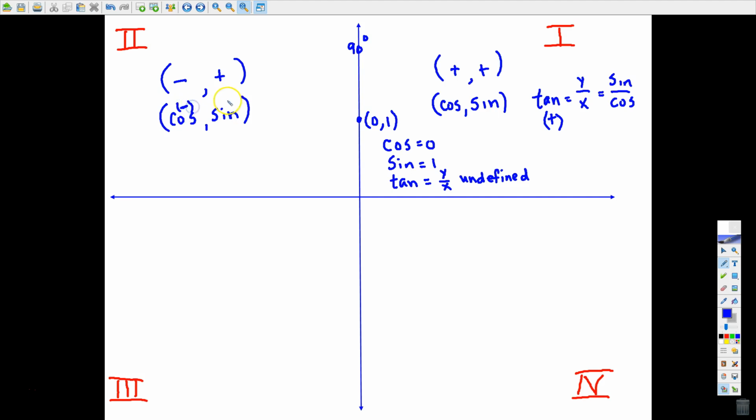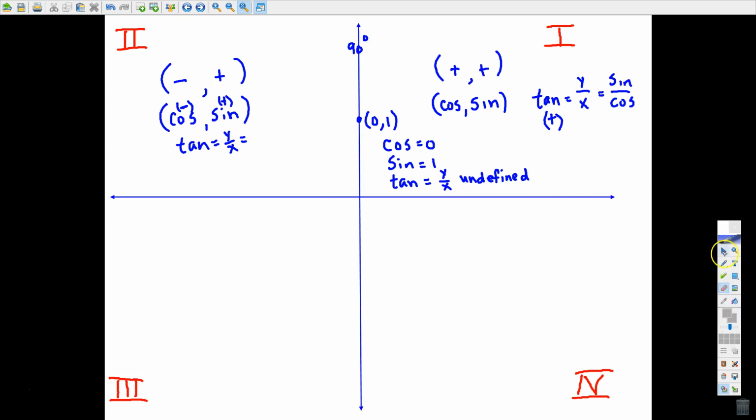Cosine negative, sine positive. Okay, and so let's go to tangent. Tangent is always y over x, and since the y is positive and the x is negative, that means tangent is negative in quadrant 2.